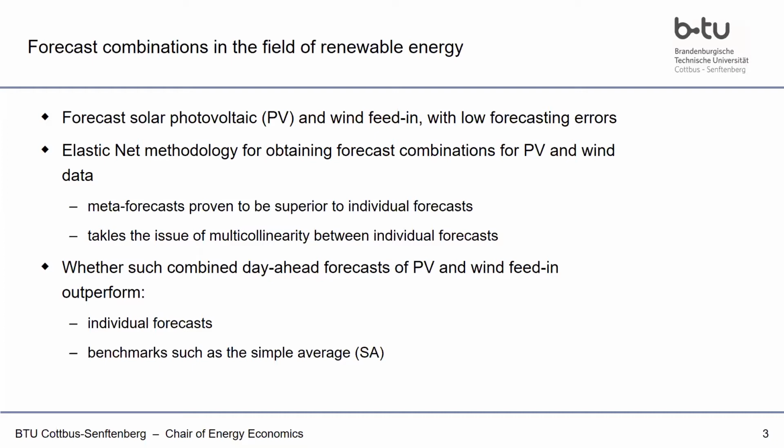In order to achieve that goal, we want to apply the elastic net methodology to obtain forecast combinations for PV and wind data. Why is that the case? Meta forecasts are proven to be superior to individual forecasts, and also the elastic net methodology tackles the issues of multicollinearity between the individual forecasts.